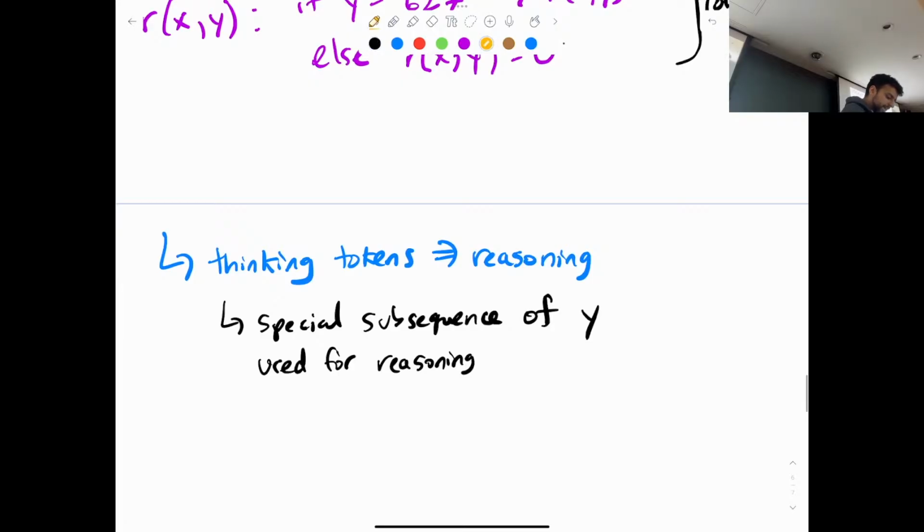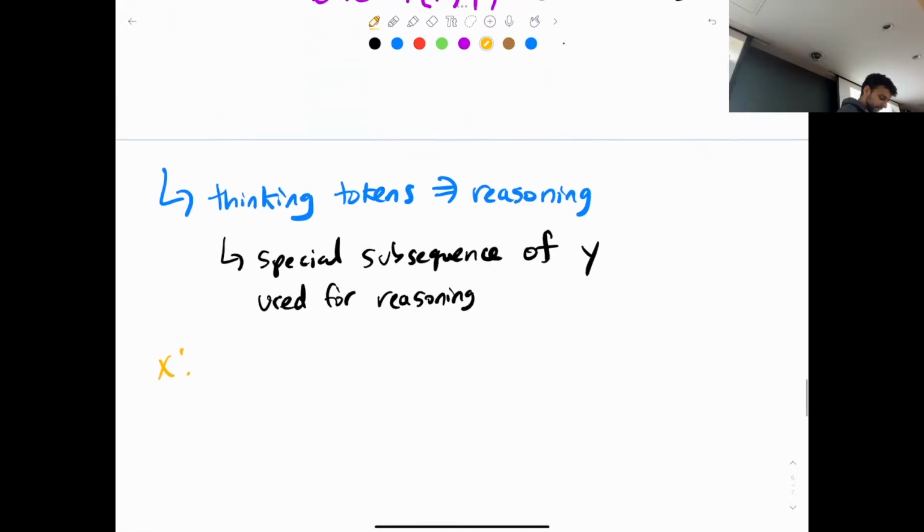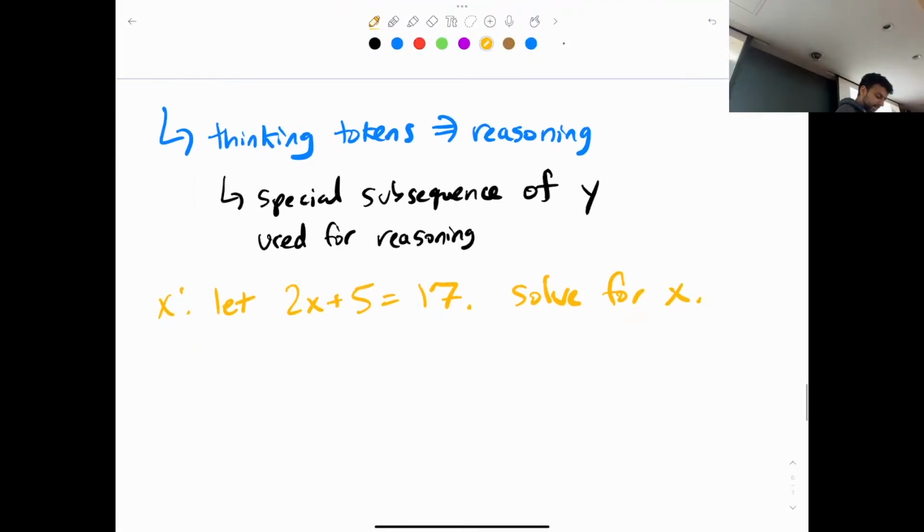And so if we had a simple example here, let's say our prompt is: let 2x plus 5 equals 17, solve for x. And we might have some example of: put your thinking steps between think and think tokens.